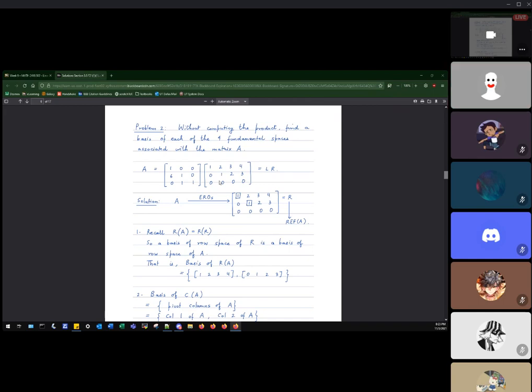You can see two. Oh, the rank is 2. I'm not sure if multiplying this matrix by this matrix changes anything but the column space. I would think that it would, but maybe not.